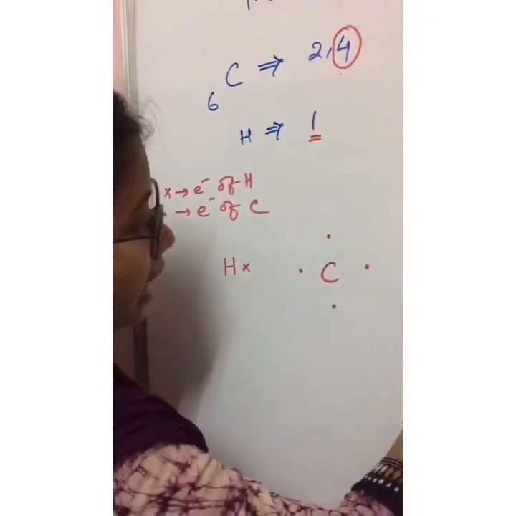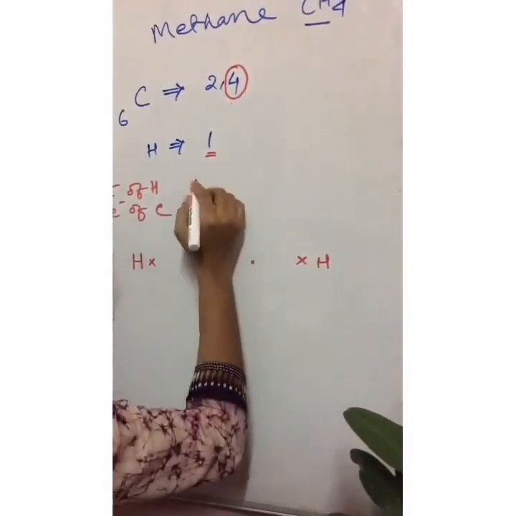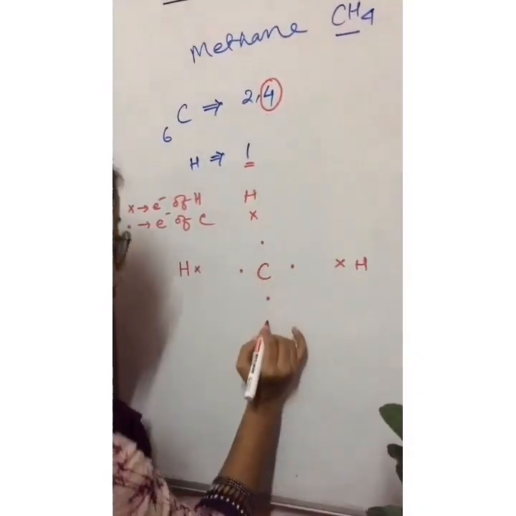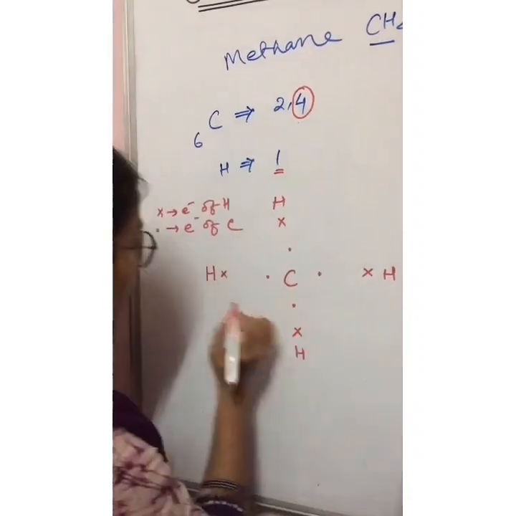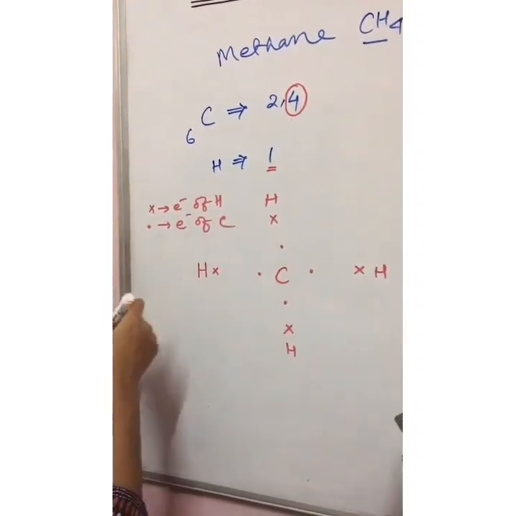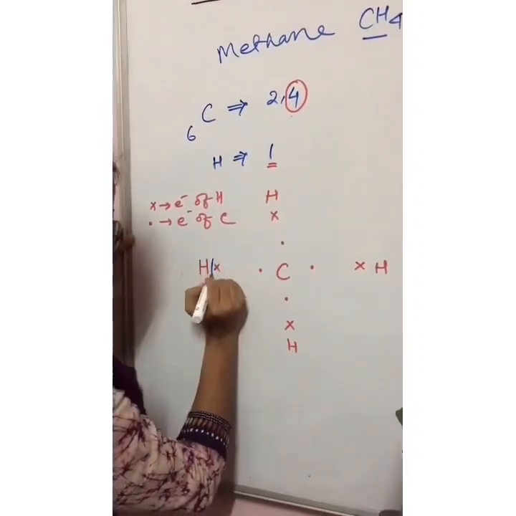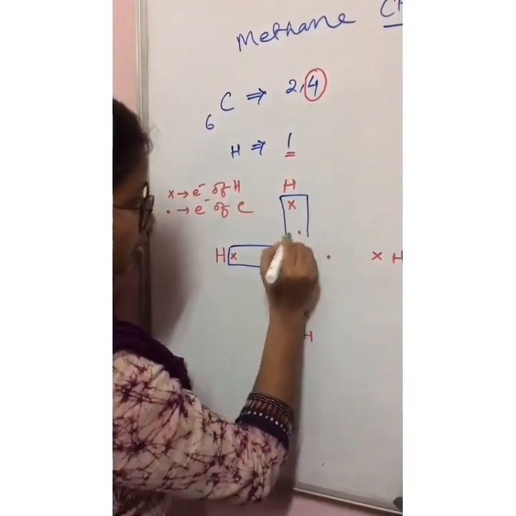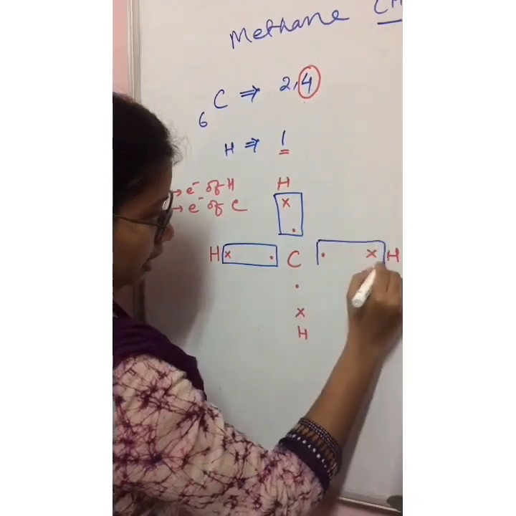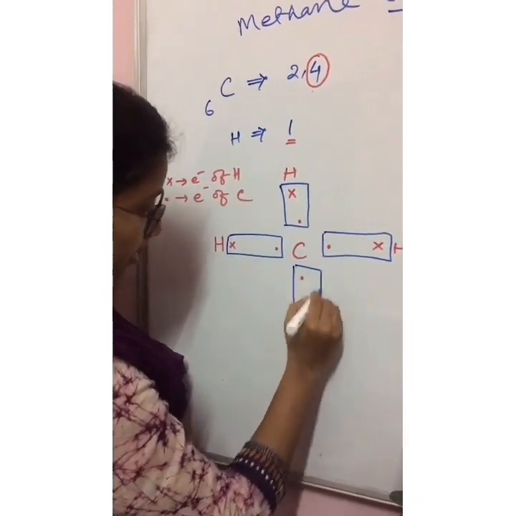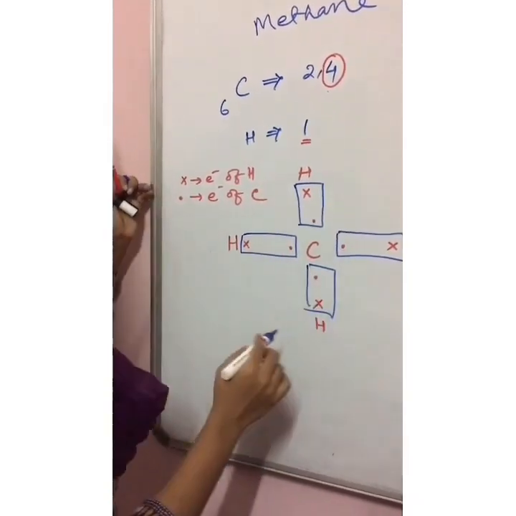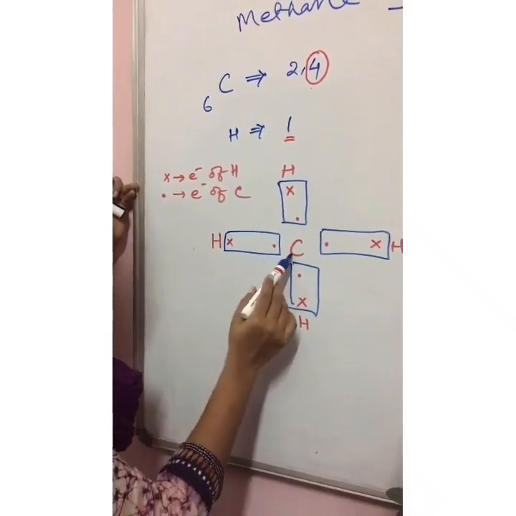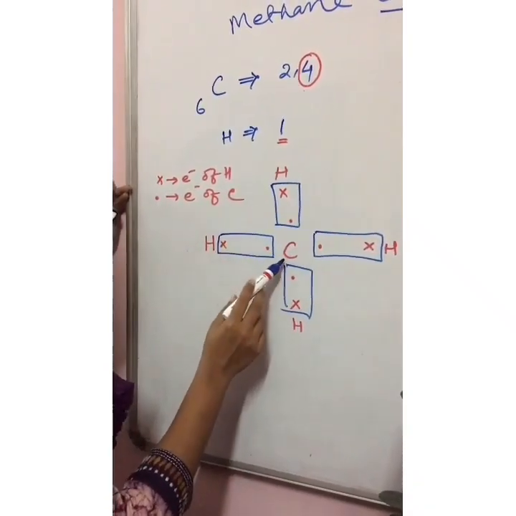Okay, here also we draw 1 more hydrogen, here also 1 more hydrogen, here also 1 more hydrogen. Now this is 1 bond, this is 1 bond, third bond and the fourth bond. So total how many bonds? 4 bonds.